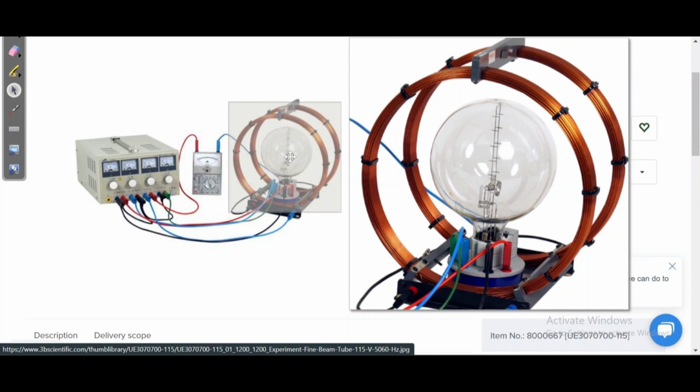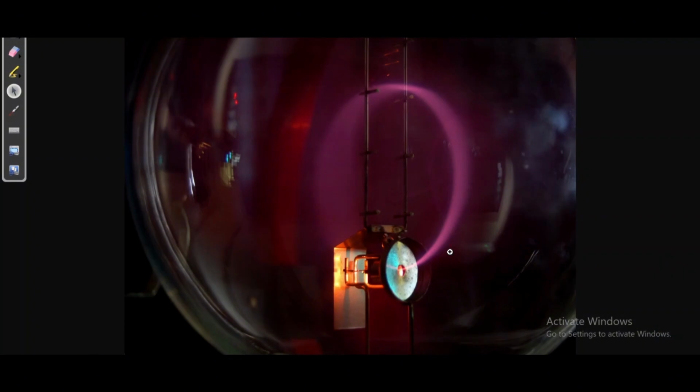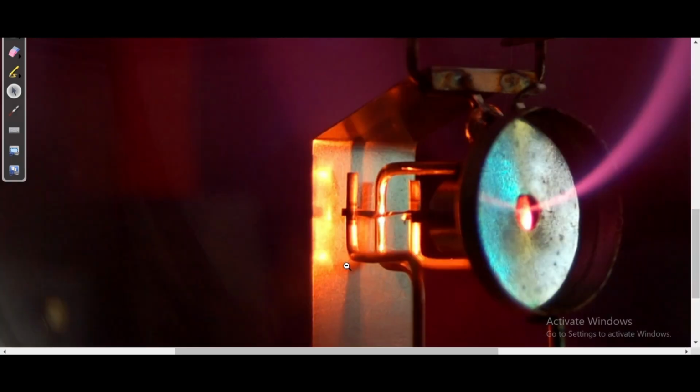This bulb actually consists of gases, and inside it we have the electron gun. This is that bulb, and inside this bulb we have electrodes, and similarly here we have the cathode.